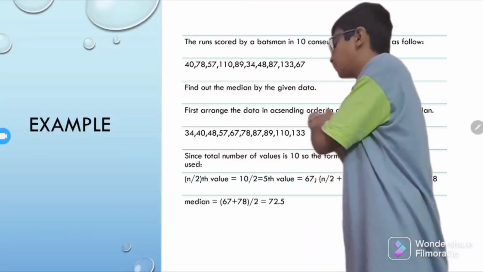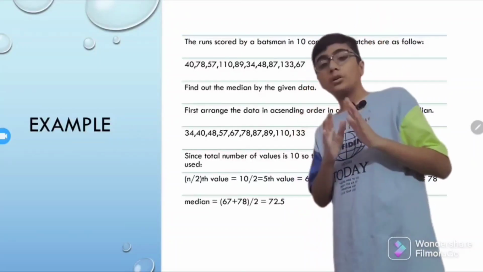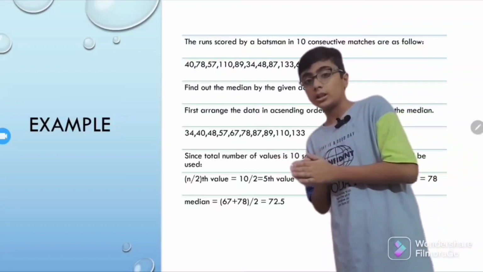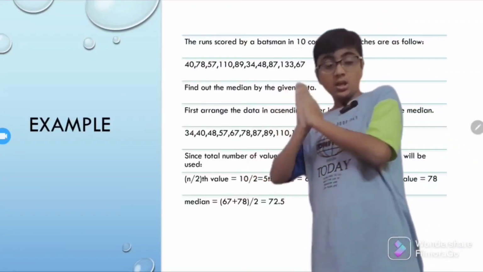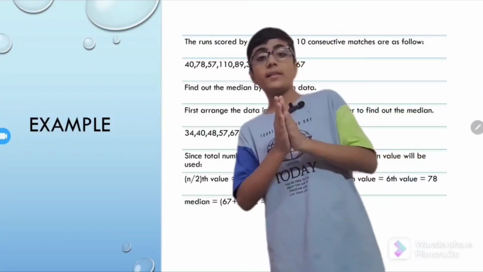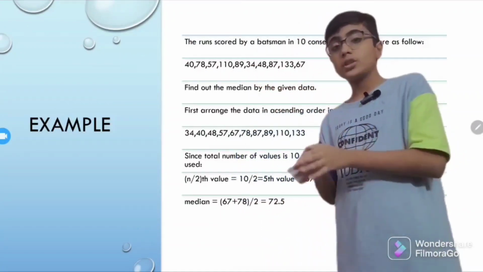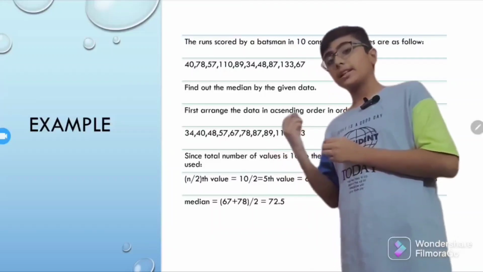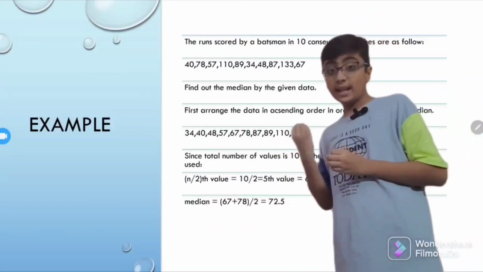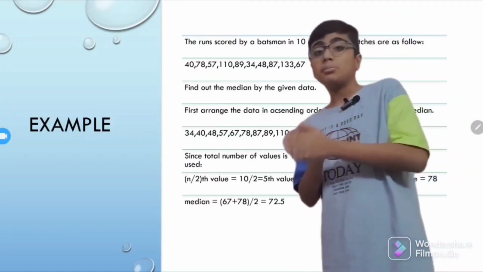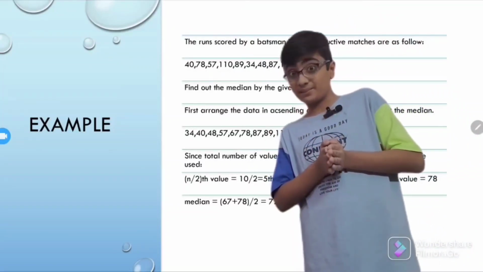First, we have to arrange the data in ascending order. Now that it is arranged, we have to check if the number of values is even or odd. Since it is written that there are 10 matches, the number of values is even.